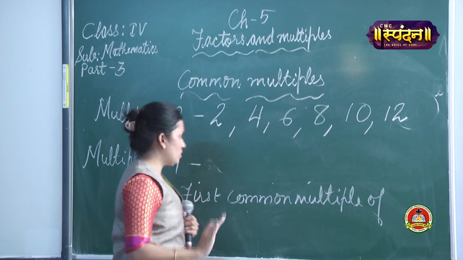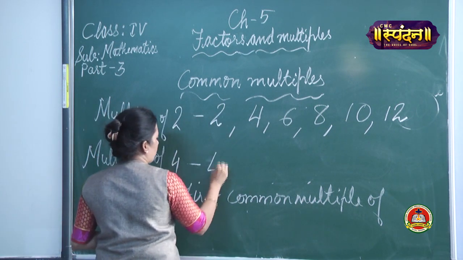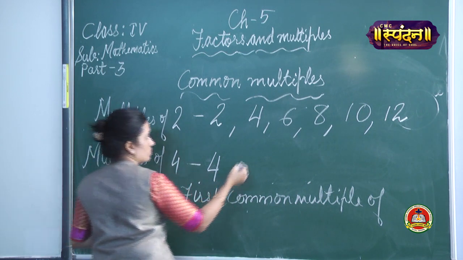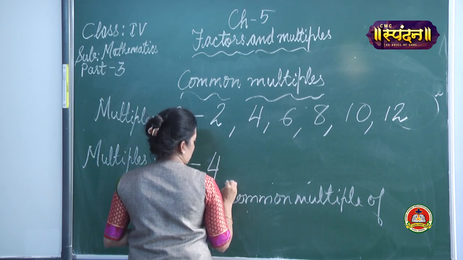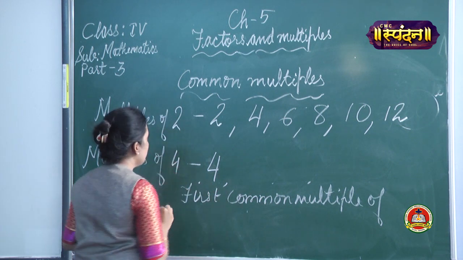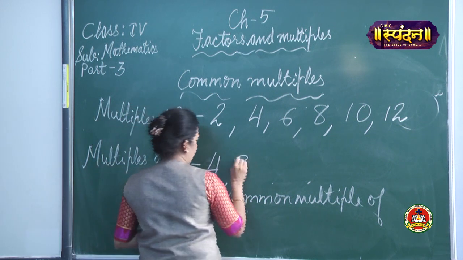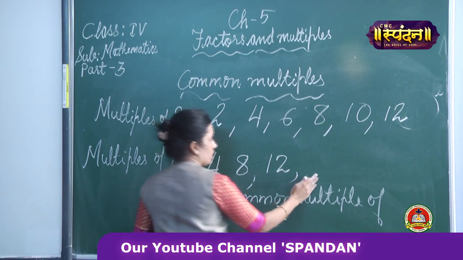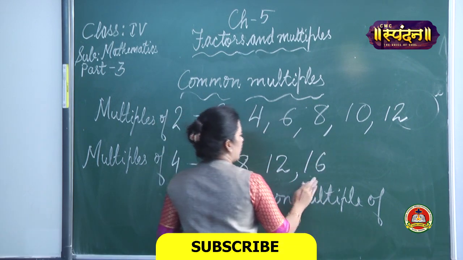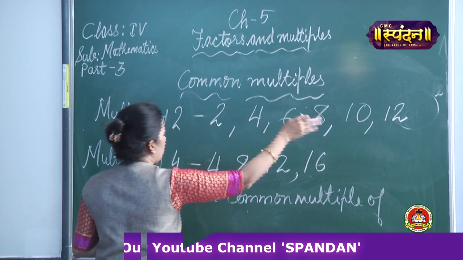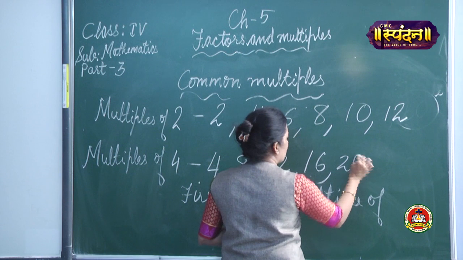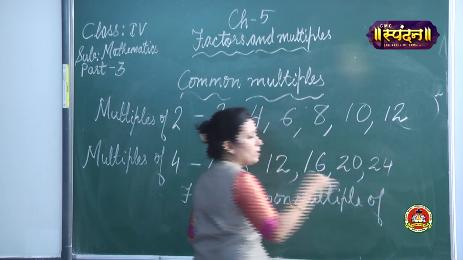Let me move on to 4 only. 4 1s are 4. Now 4 2s are 8, 4 3s are 12, 4 4s are 16. If I move further I will get large numbers, let it be, no problem. 4 5s are 20, 4 6s are 24.